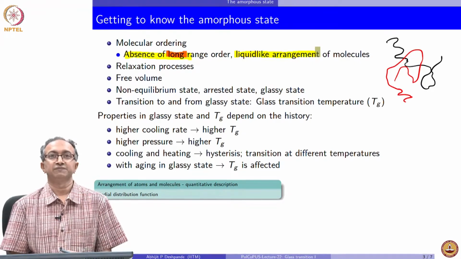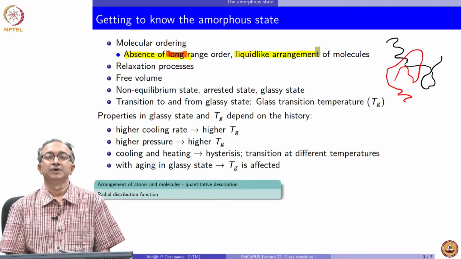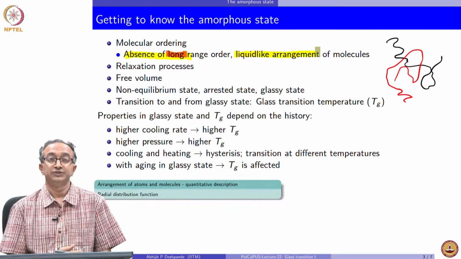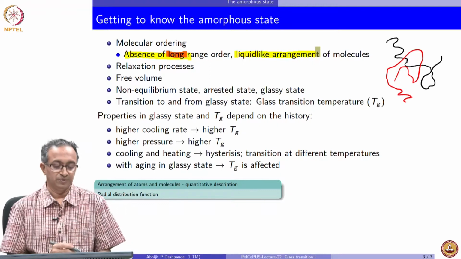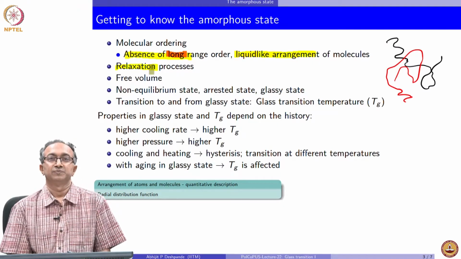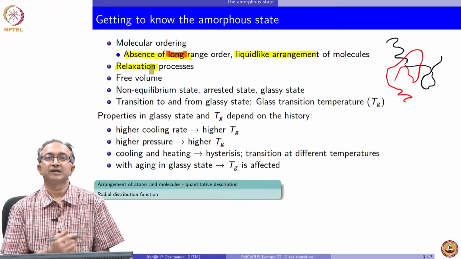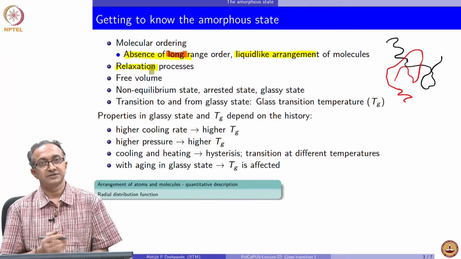And because of this random ordering, and because the possibility of molecular arrangements is still non-zero, the rate of molecular arrangement is still non-zero, we can still have some relaxation processes, which imply that in the amorphous state some changes of molecular arrangements are possible. This is true even in case of crystalline solids.